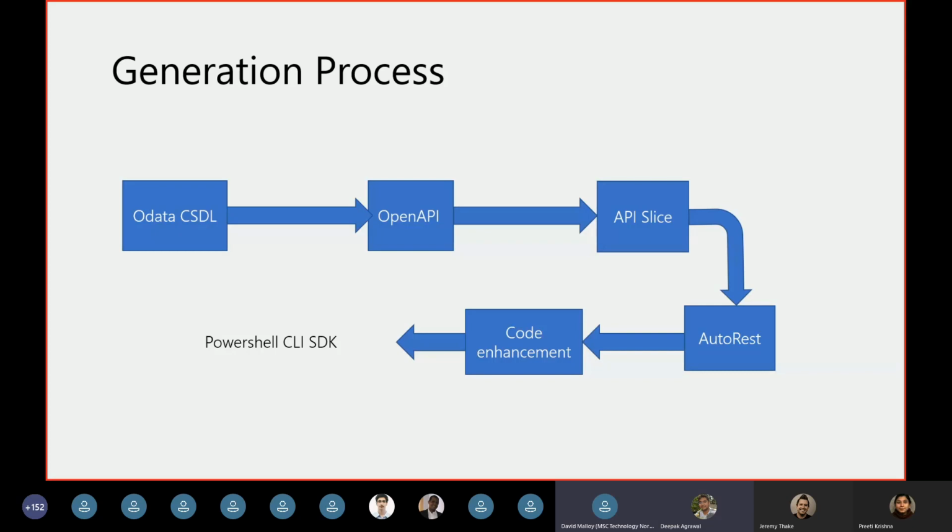As we all know, the Graph APIs are exposed with the OData specification, and the metadata we expose is in the CSDL format.